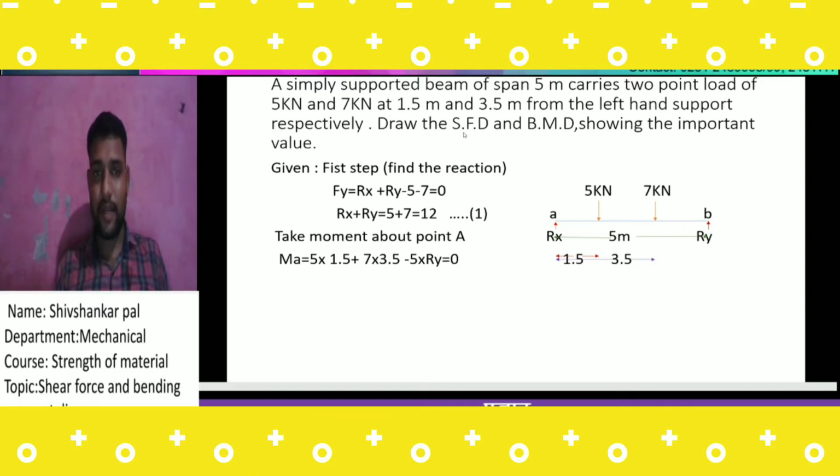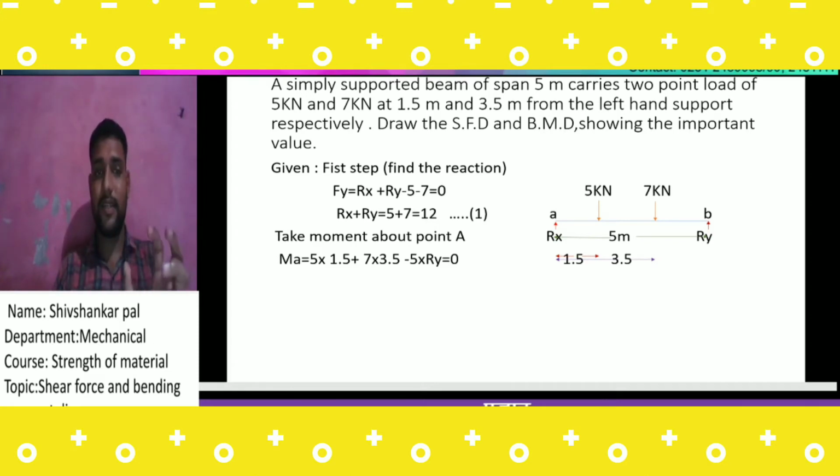The shear force diagram in short form is SFD, S for shear, F for force, D for diagram. And the second one, BMD, means the bending moment diagram. So I hope you understand the question.